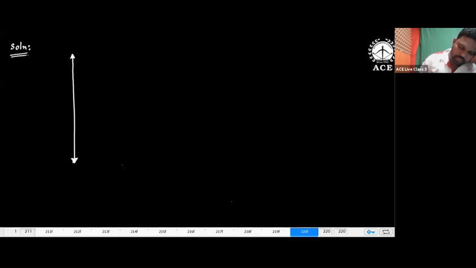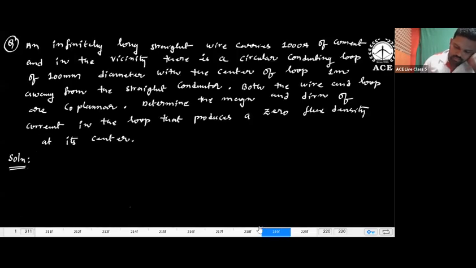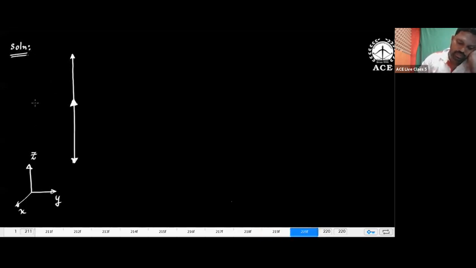Let me consider some coordinate system, beta, for my convenience. Outside the board is the x-axis, this is the y-axis, this one is the z-axis, beta. I'll consider the current is upwards. It carries 1000 amperes, and I'm considering it here as 1000 amperes above.